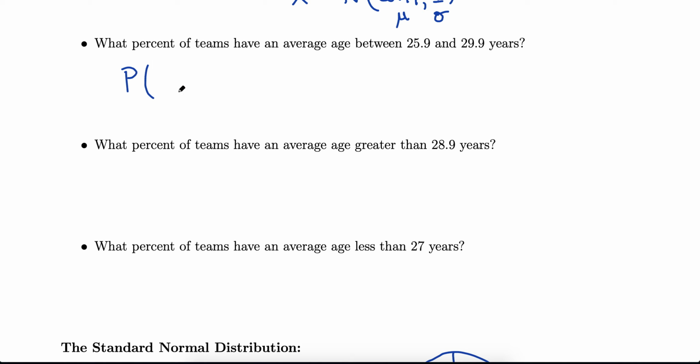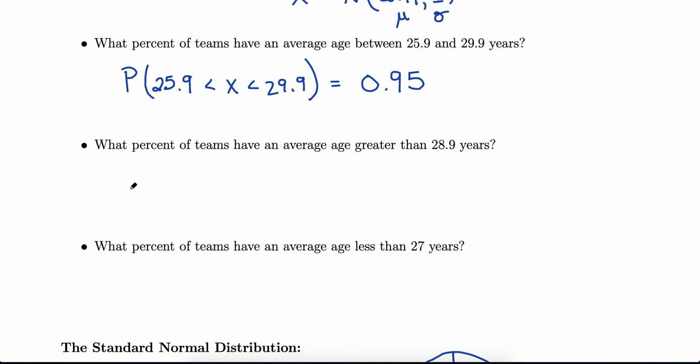I'm going to rewrite this in probability notation since we have been working on that. So in this notation, it's saying find the probability that x, this variable representing age, is between these two values. And we know from the empirical rule that that's approximately 95% or 0.95.